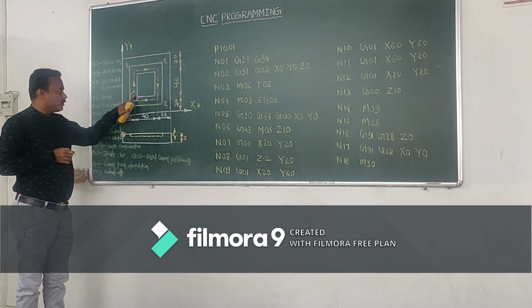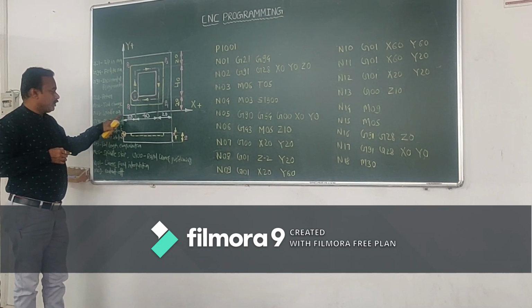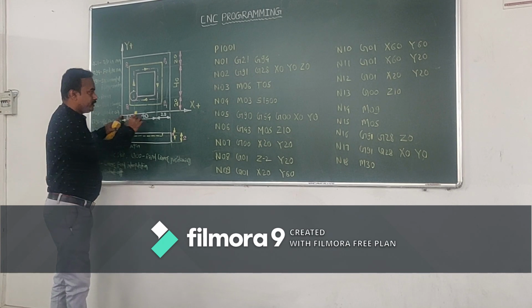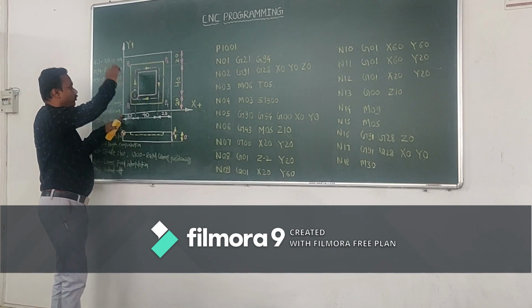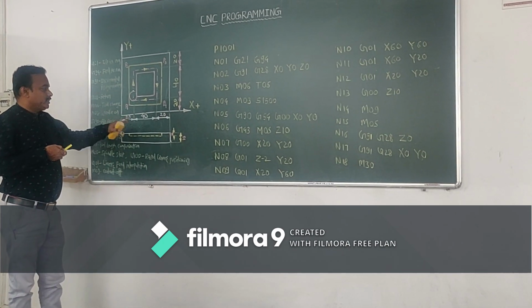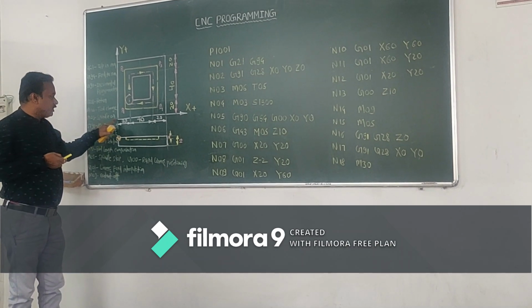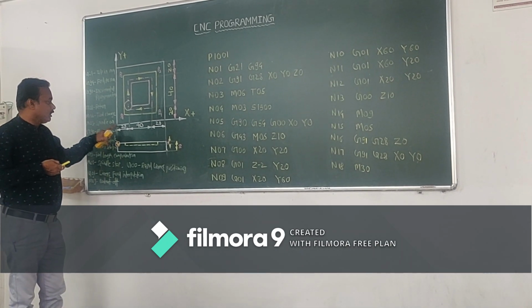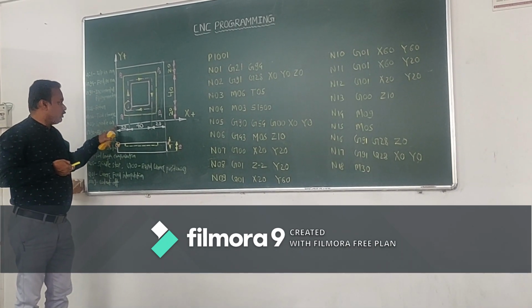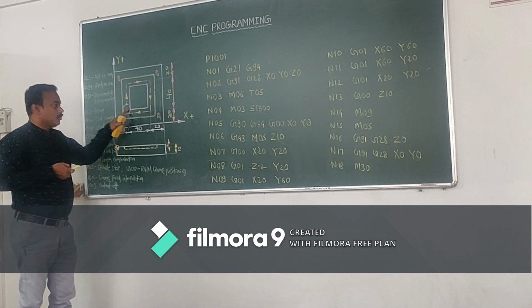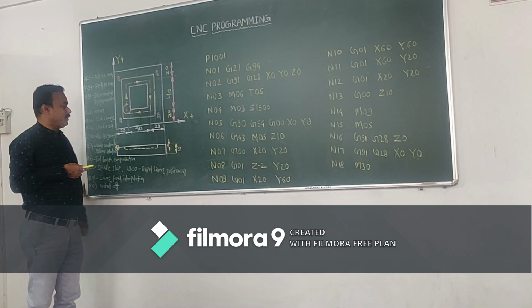Before starting, your actual tool is here. This is your coordinate system, the X system and here the Y system, two coordinate systems I have explained. From this point, your target is to move the tool to this point. For that movement, what is the specification?